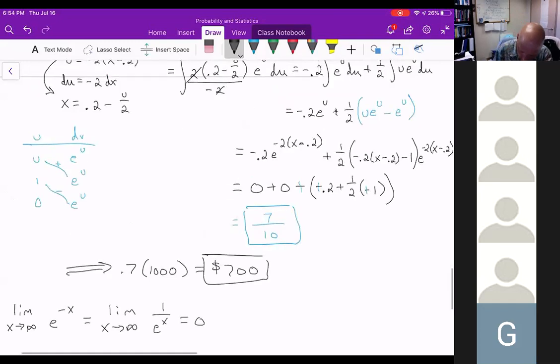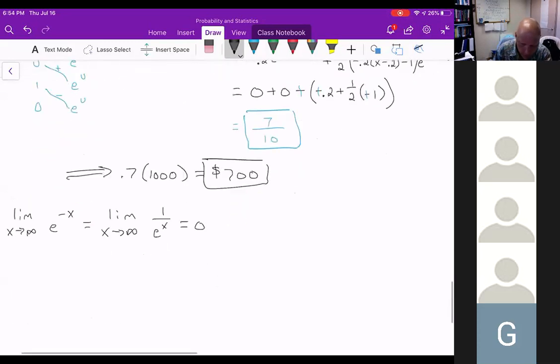And then this second one with the x minus 0.2, that's going to be multiplied by that exponential.